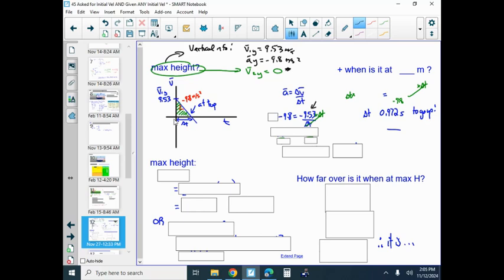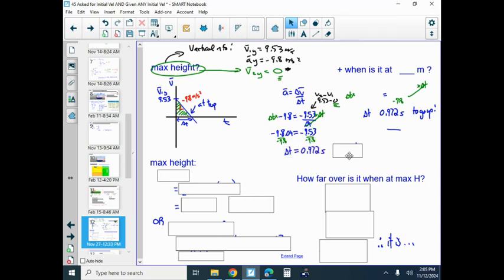I didn't communicate this as well last time around, but this is v2 minus v1, which is 0 take away 9.53. Multiply both sides by time, divide both sides by negative 9.8, and we end up with it taking 0.972 seconds to get to the top. So that's it for now. I guess plus when is it at that height or whatever. But yeah, we have that time.